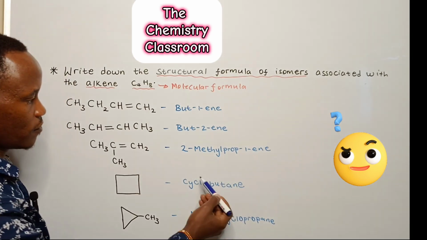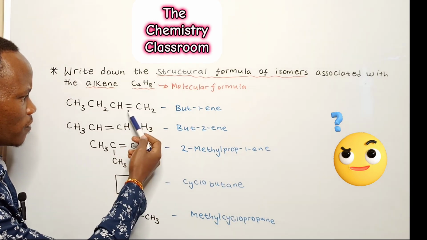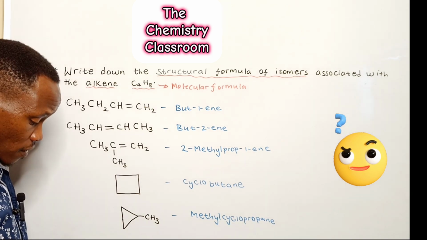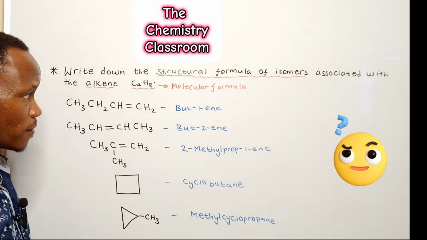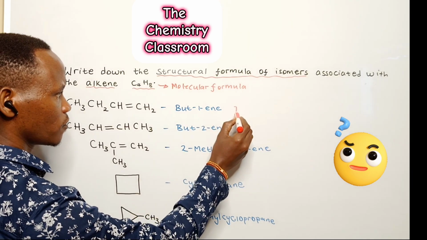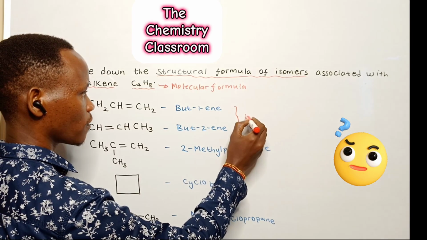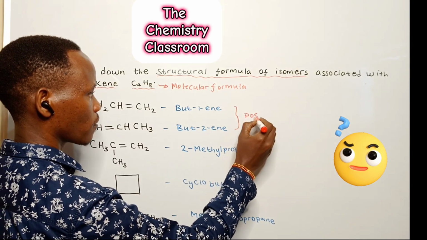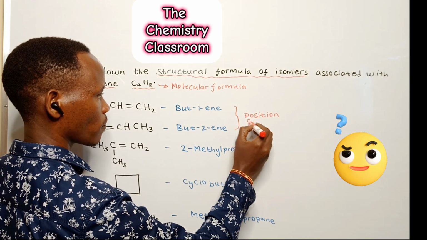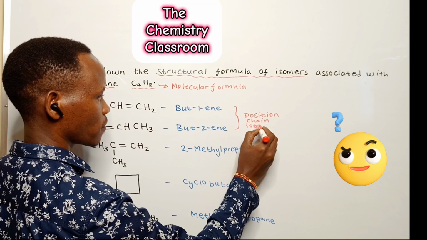Now, consequently, these two have different functional group as compared to these first two because they don't have the carbon-to-carbon double bond. As a matter of emphasis, I would like to emphasize that these two are what we call position chain isomers.